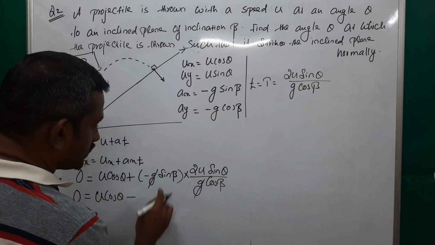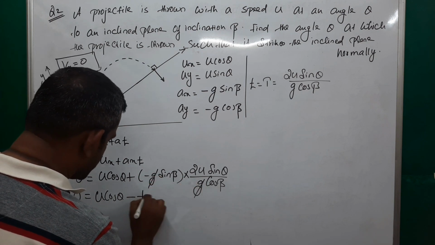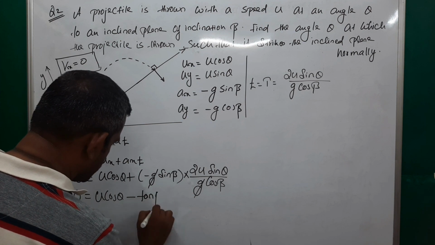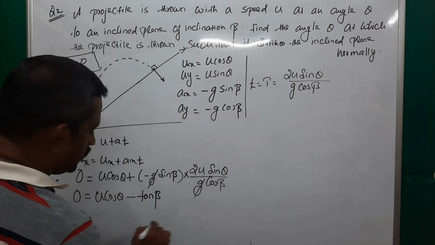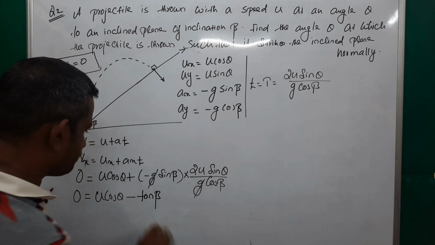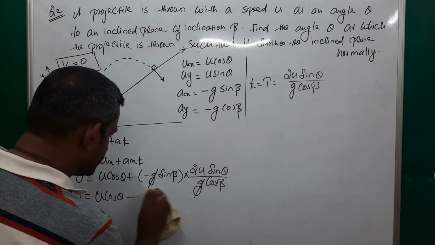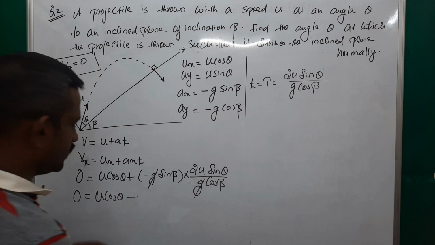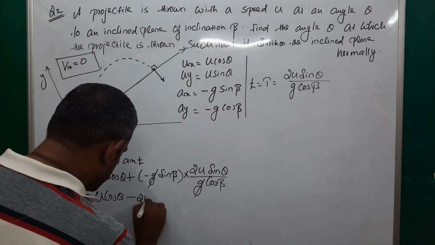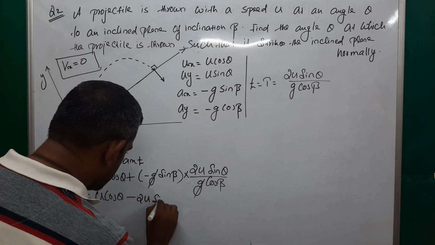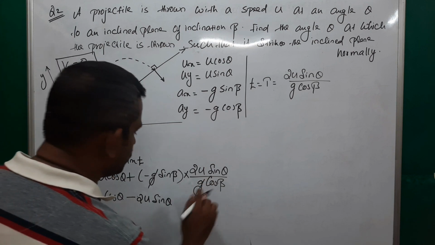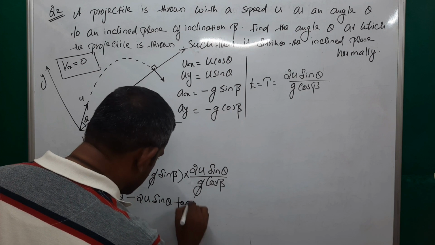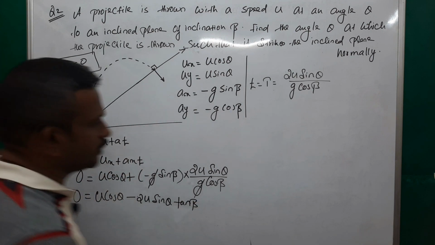The g gets cancelled, and sin beta by cos beta is tan beta. So it is minus 2U sin theta tan beta.